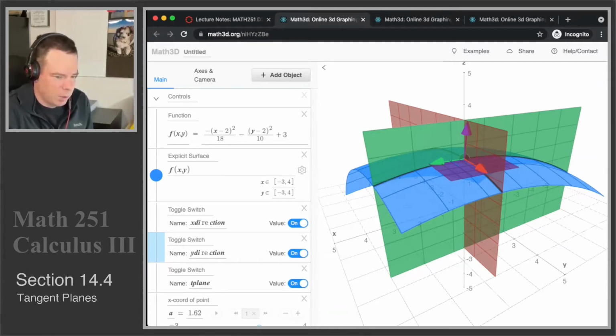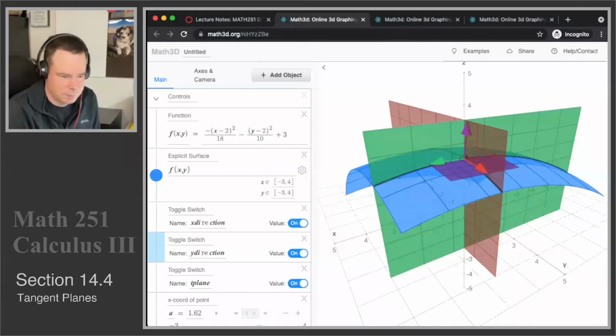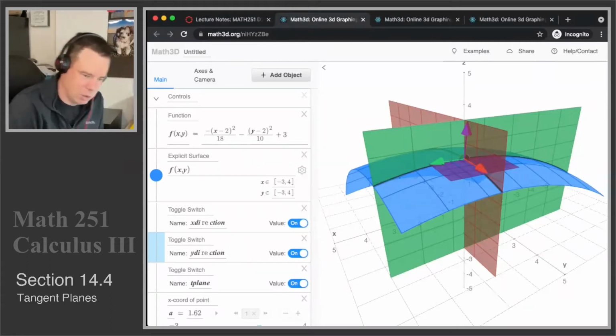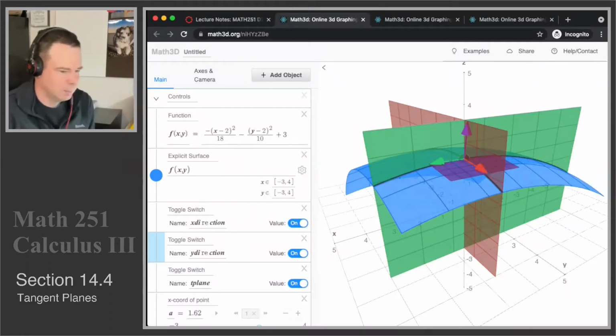Taking the cross product of these two, because both are vectors living in the tangent plane, gives us the normal vector to the plane. With that normal vector and the point the plane goes through, that's enough to construct the plane itself. We don't technically have to take the cross product, because the normal vector has a very nice representation that we can jump straight to.